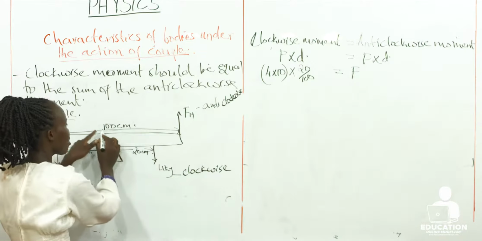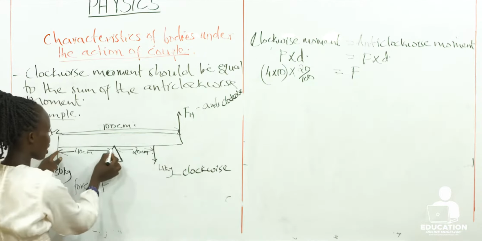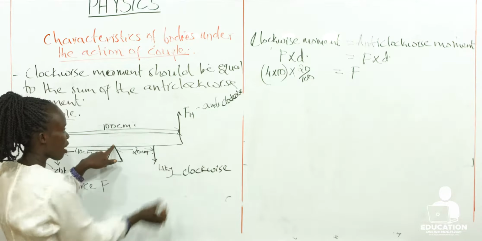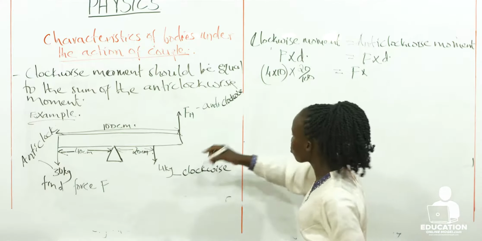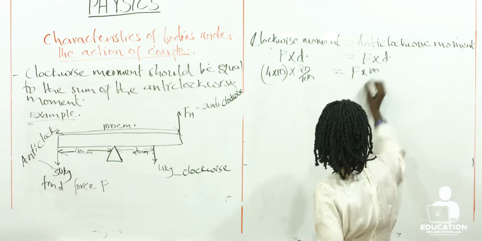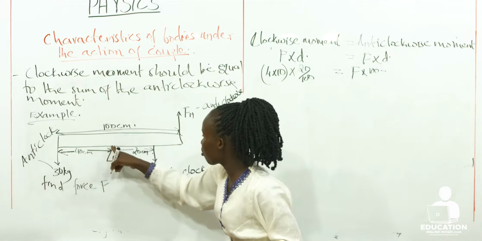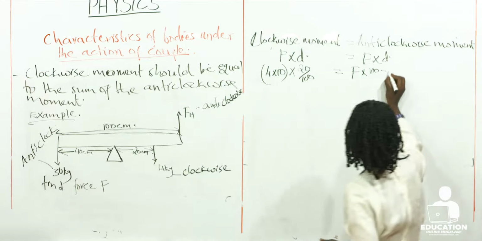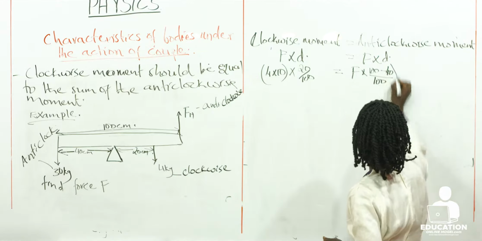So we subtract: our distance is going to be 100 minus this 40, to give us the distance from this pivot up to there. So this is 100 minus 40, the whole of this over 100.